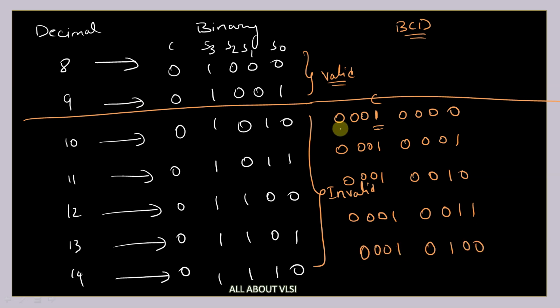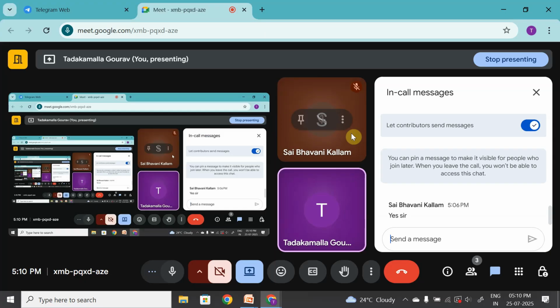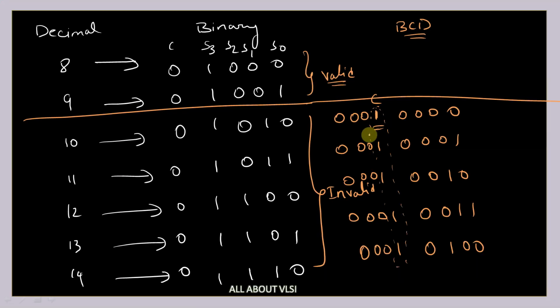I am not considering these 3 bits, I am only having the C. Whatever you are seeing here, the 1, that is nothing but my C. Whenever I have invalid codes, I am getting my output C. Can you observe this? So this is my C, and this is my S3, S2, S1, S0.